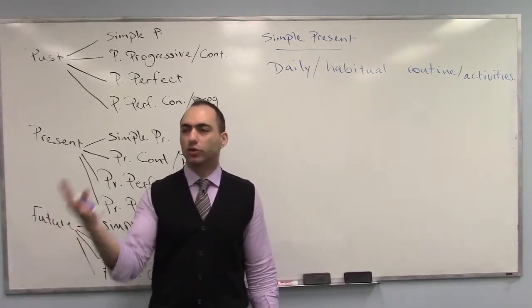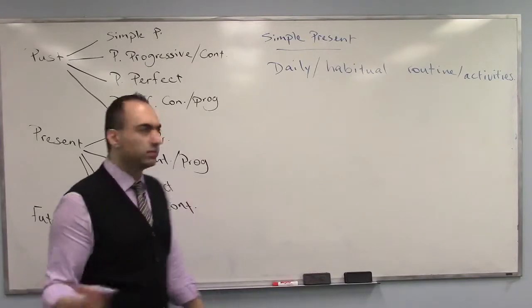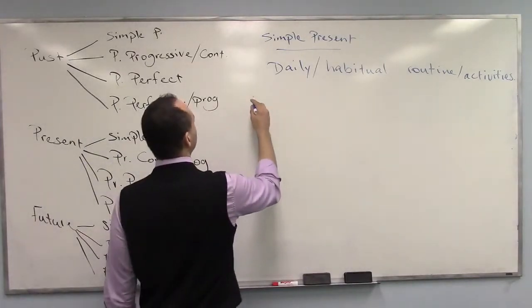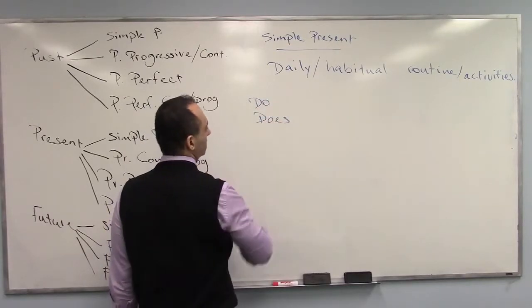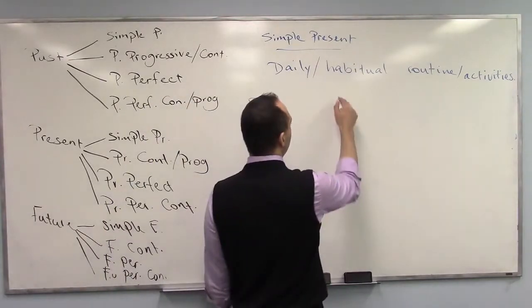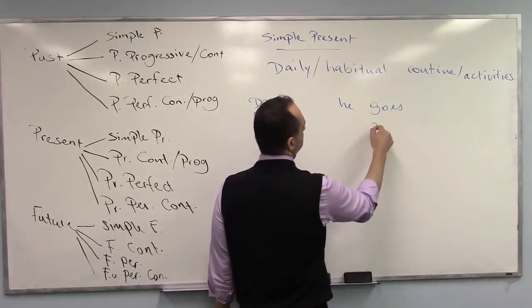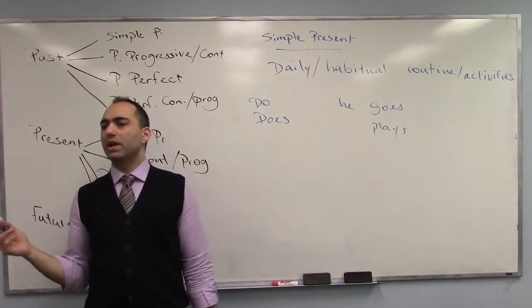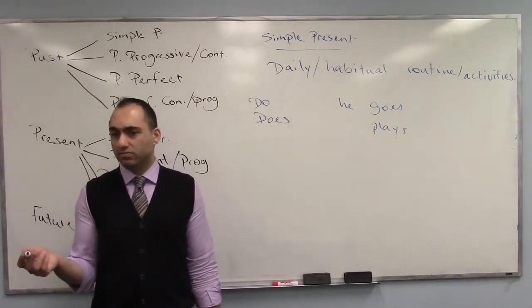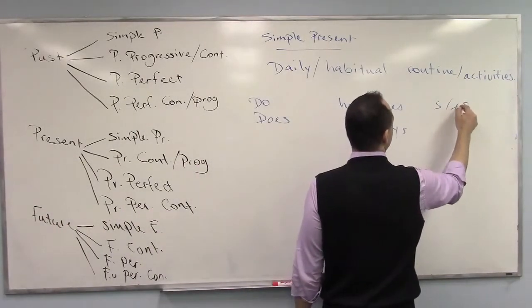And of course, I go to school. The thing about it is, remember, do and does. Right? I go, you go, he goes. He plays. And then the question is when ES, that's a different question. So what S or ES?